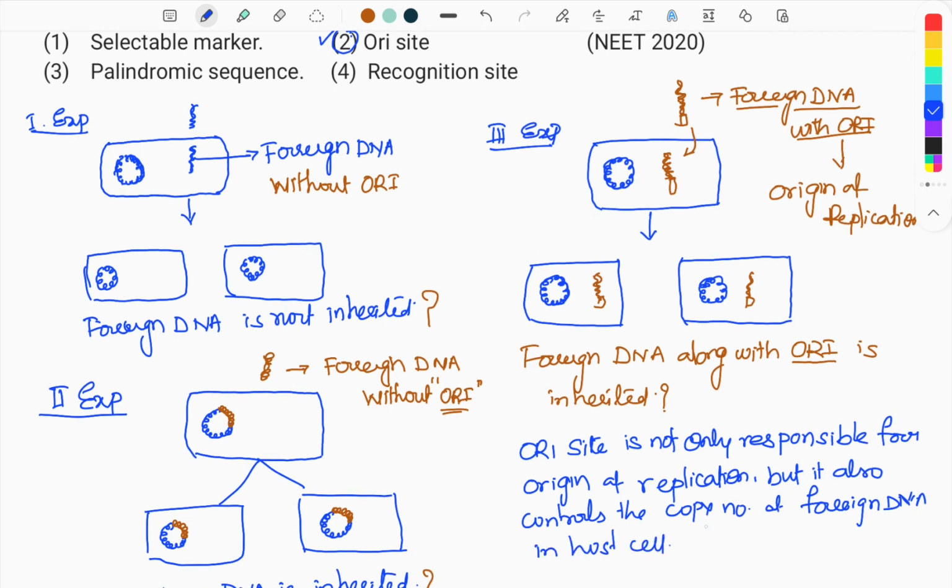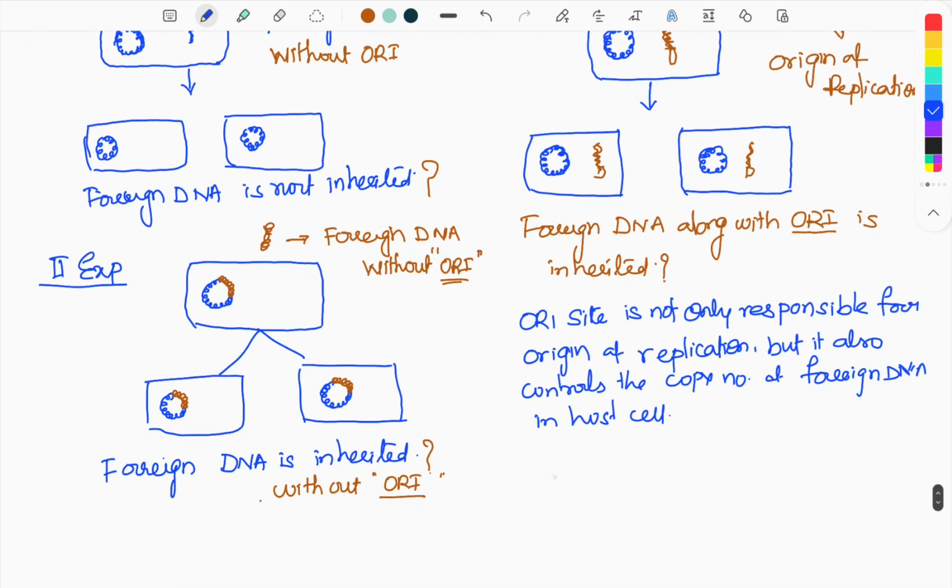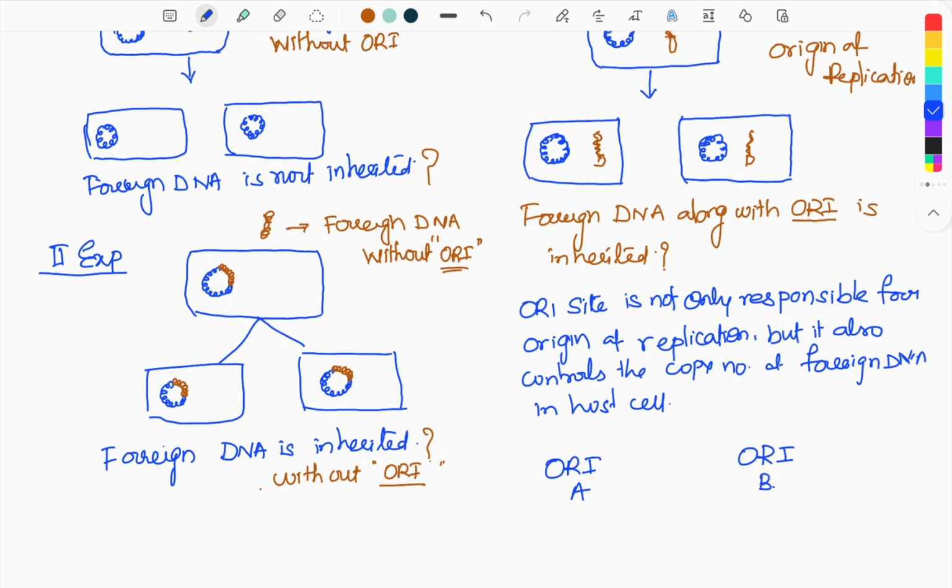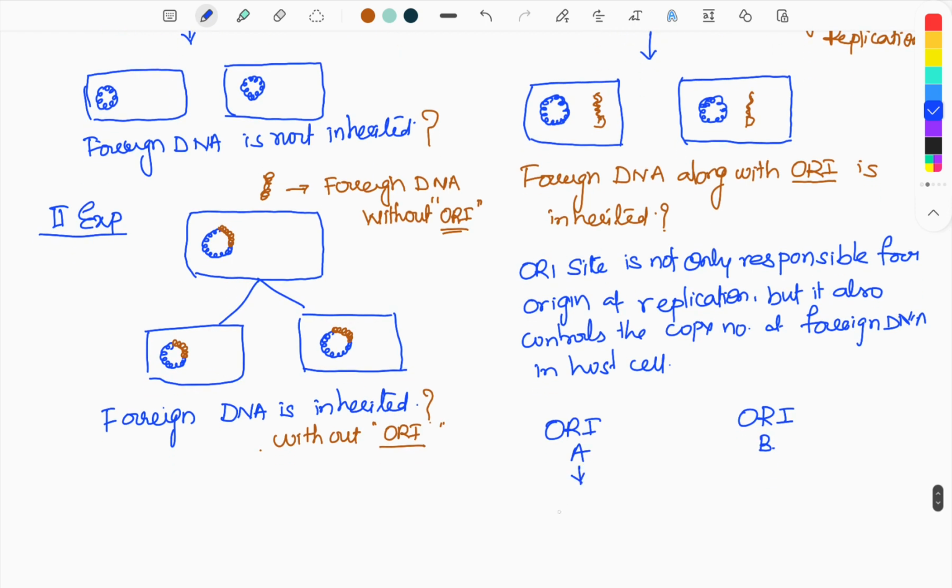That is what you need to understand. For example, there are two ORIs. This is one ORI, let's name it A. This is another ORI, let's name it B. So ORI A will make, let us suppose, 15 copies, whereas ORI B will make 20 copies.